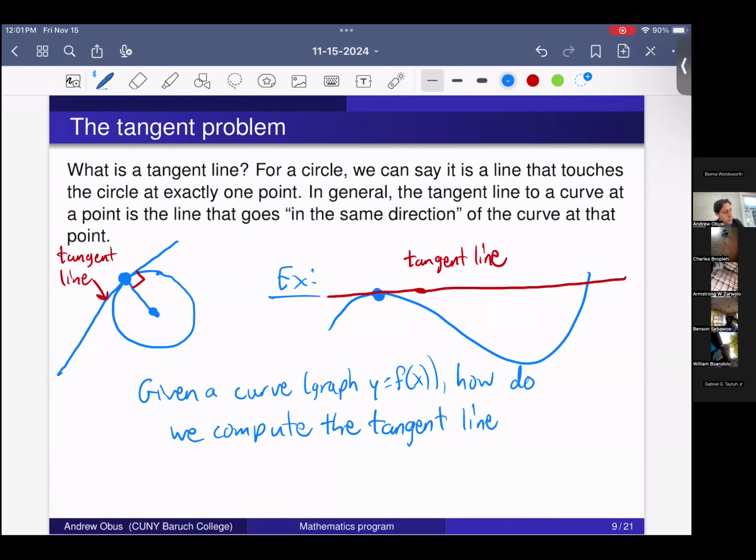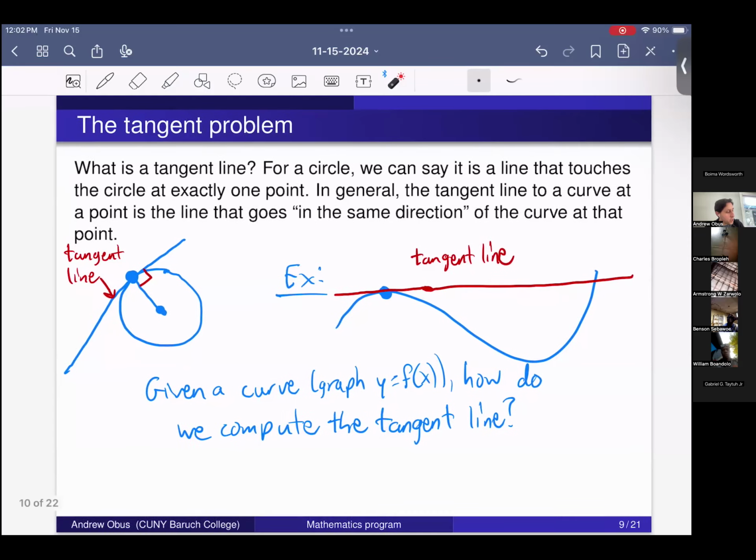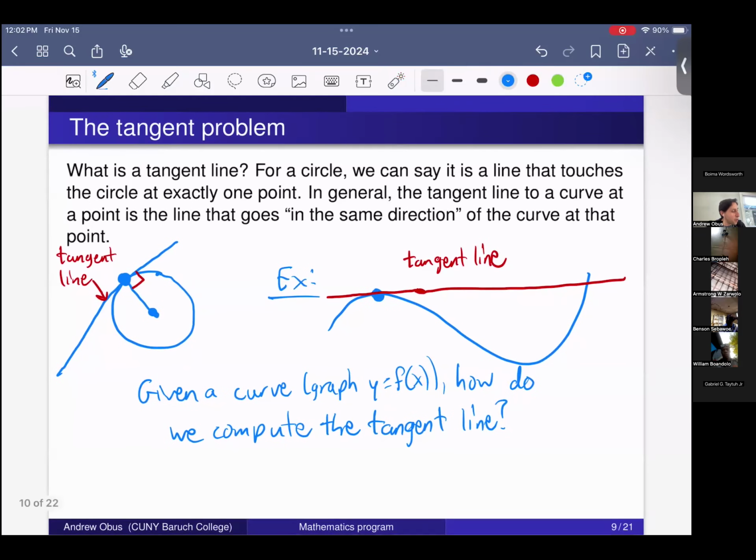This is just a general, guiding question. If we're given a curve that's given by some graph, how do we compute the tangent line? So we'll do an example, right?